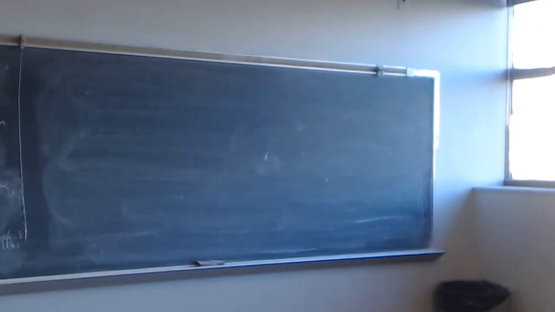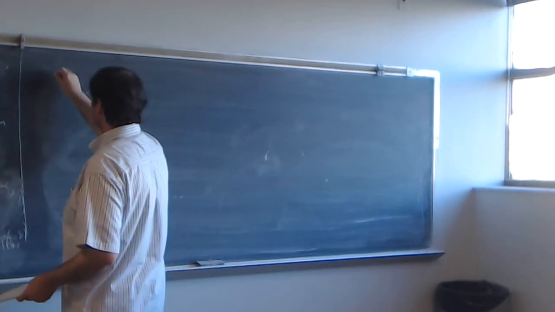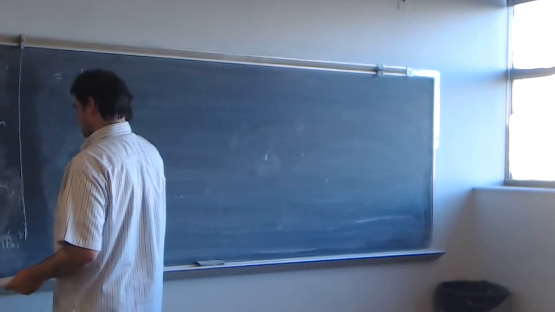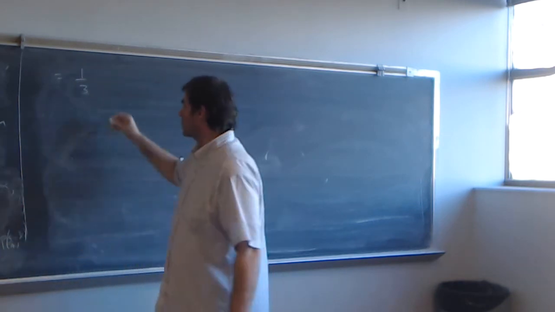Okay, so what does that equal to? That's equal to 1/3. The expected value, n was binomial with parameters r and p.